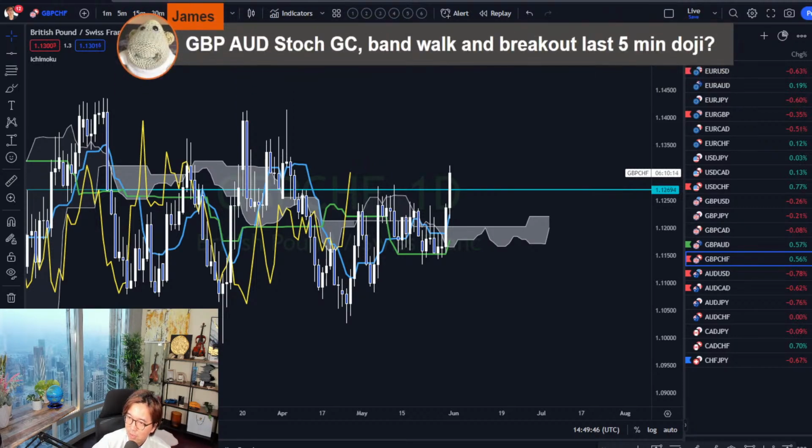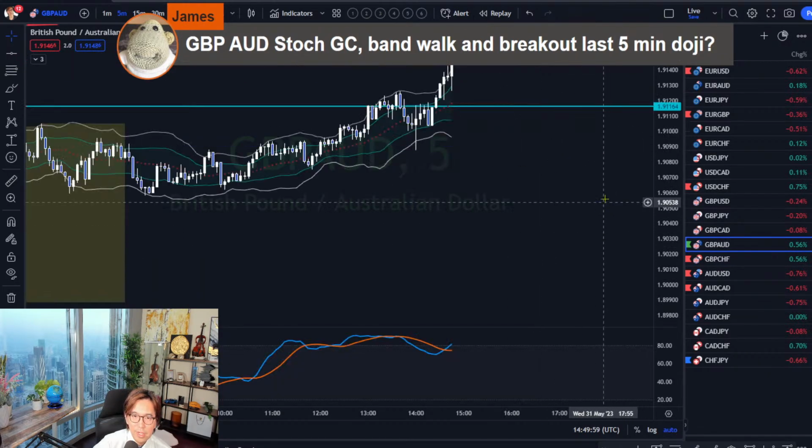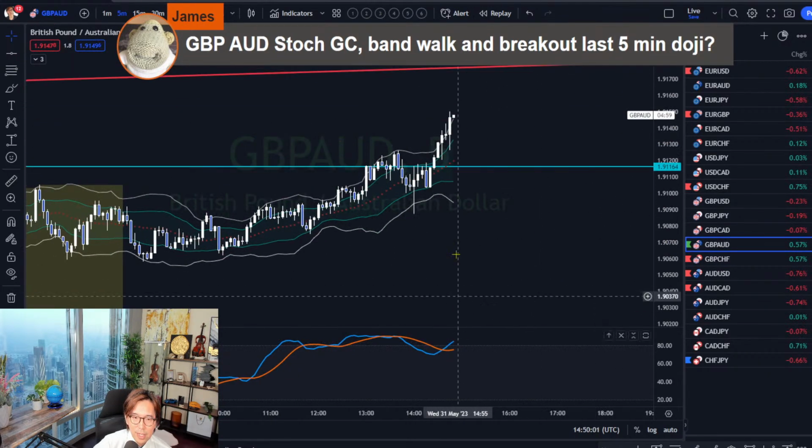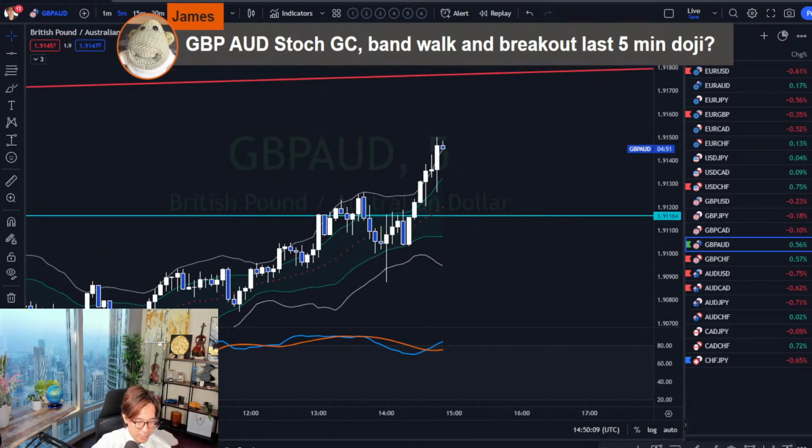Okay, James says Pound AUD, stochastic gold cross, band walk, and breakout on last 5-minute doji. Maybe the breakout. Pound AUD, let me see. M5. Right, it's gold crossing and band walking and the doji break. Right, there was a doji before and it broke.